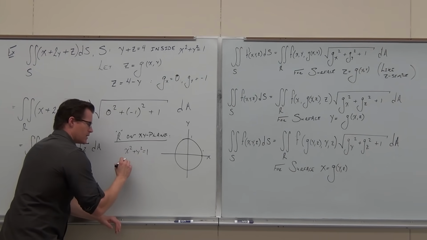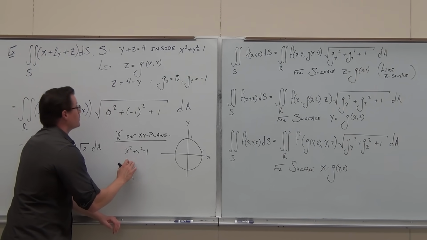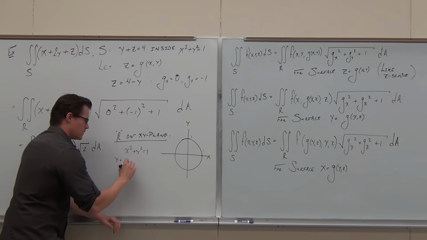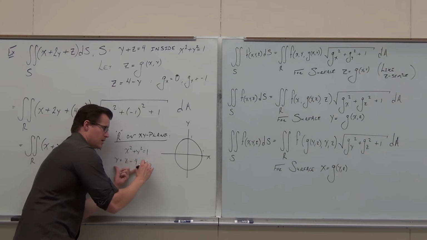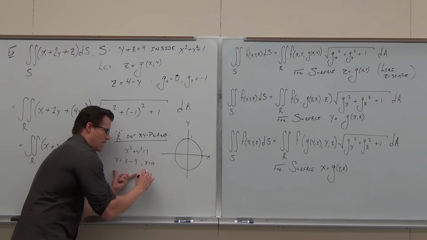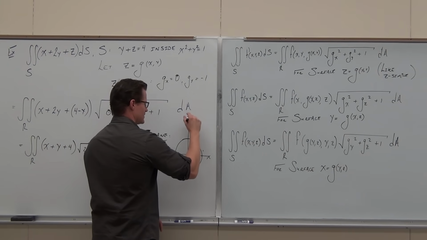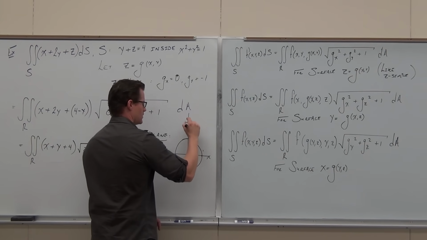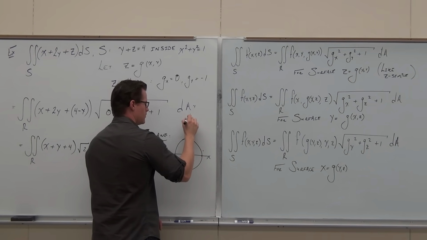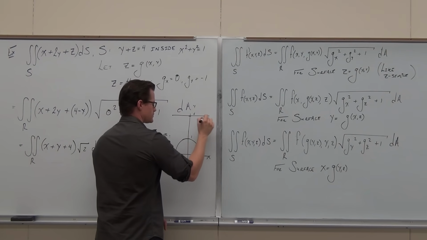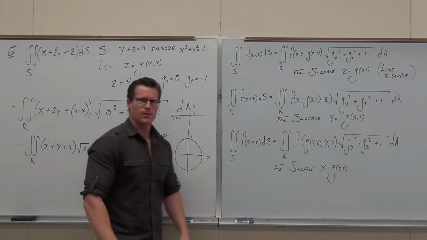That gave us a circle. Y plus z equals 4 on the xy plane means z equals 0, which means y equals 4. You go, wait a minute. Y equals 4, that's like way up here. That's y equals 4. That's what that is.